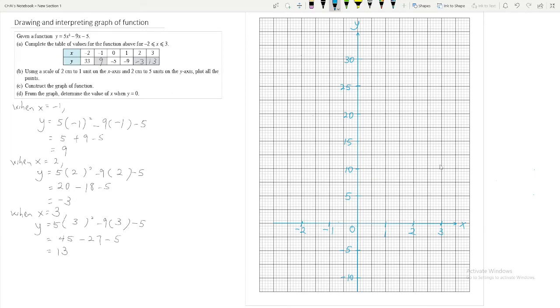So we need to plot all the points. First point is -2, 33. So -2 and 33. Where's 33? So we can see that this 2 cm is 5 units. In 2 cm we have 10 small squares. 10 small squares represent 5 units.